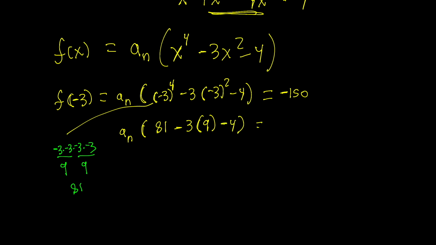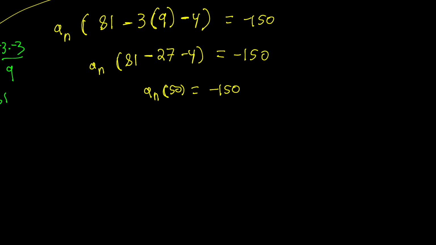And then I'm going to subtract 4. Here I'm trying to isolate a sub n, so I still have to simplify what's inside of the parentheses. So I have a sub n, and then parentheses 81 minus 27 minus 4. So -3 times 9, that's the -27. So if I get 81, if I subtract 27, and then if I subtract 4, I'm going to end up with 50. So a sub n times 50 is equal to negative 150.